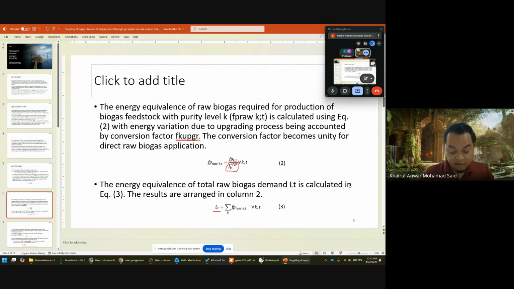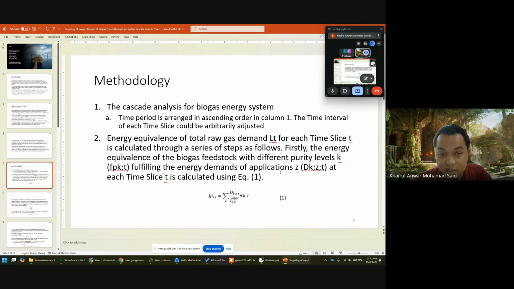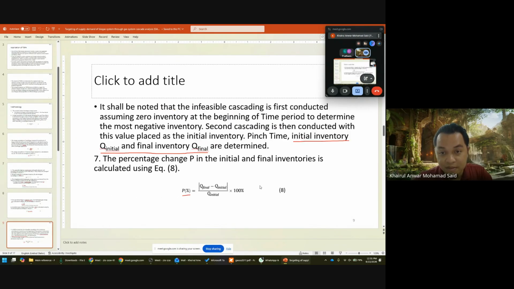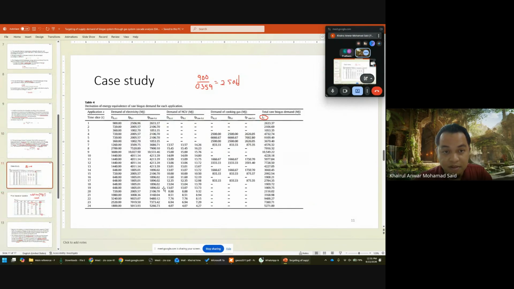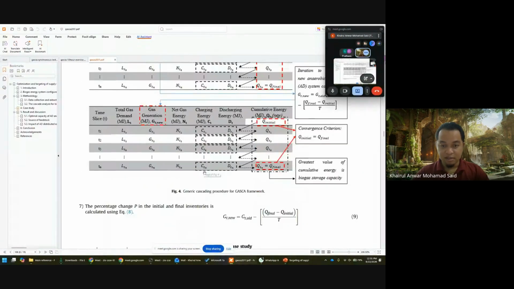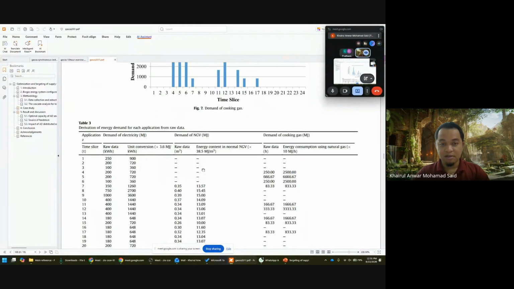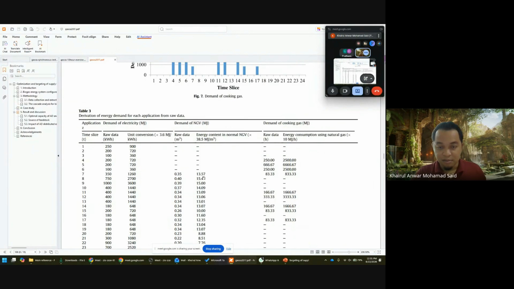D is given. If you refer to derivation table 4, there is a value of D for each of the applications. So where do we get the D? D is given here in terms of this value.